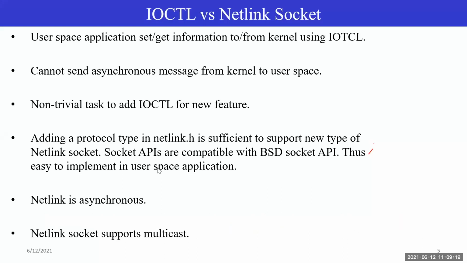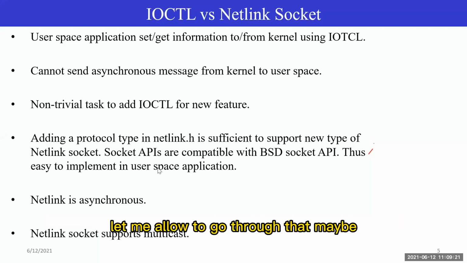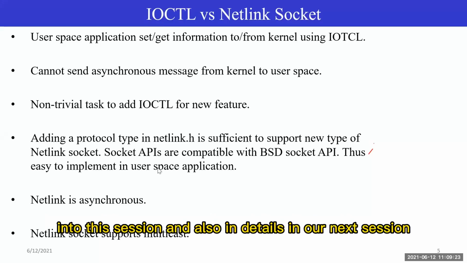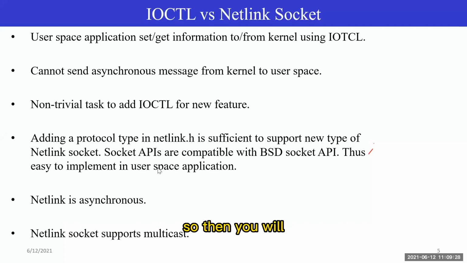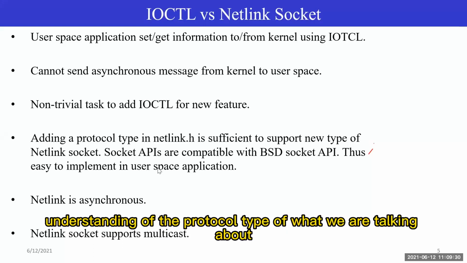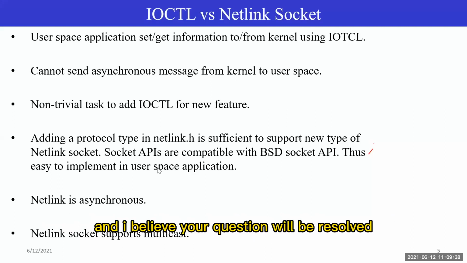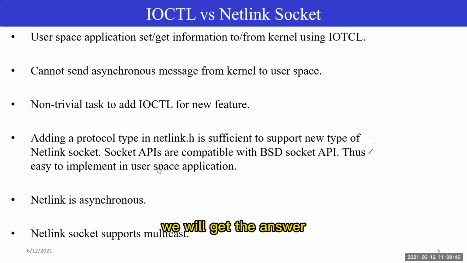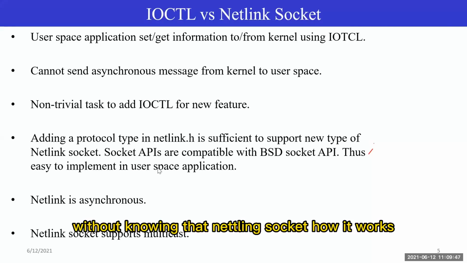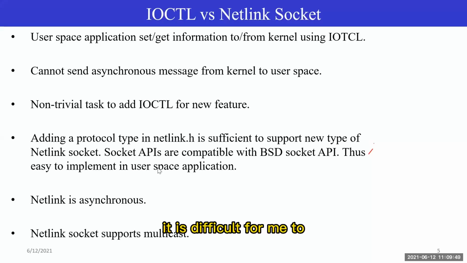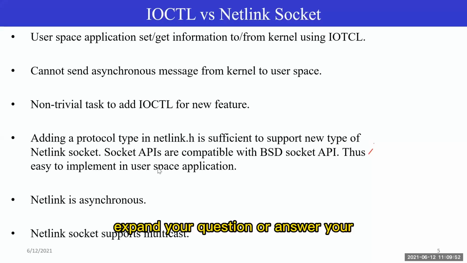So let me go through that maybe in today's session and also in detail in our next session. Then you will have a detailed understanding of the protocol type with respect to the Netlink socket. Then I believe your question will be resolved. But at this moment, without knowing how the Netlink socket works, it is difficult for me to answer your question.